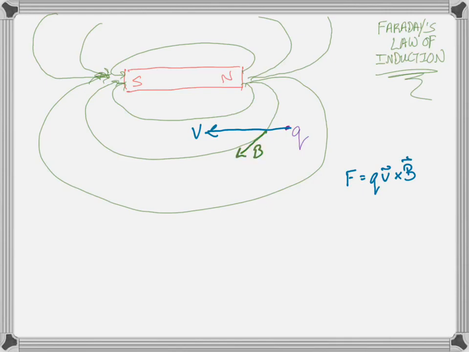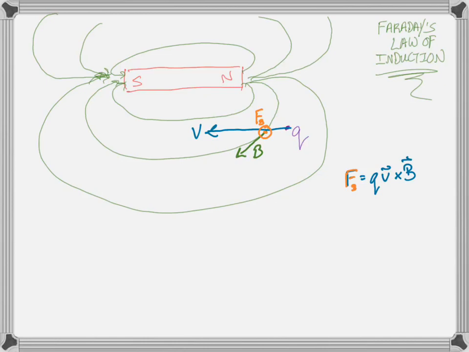And so V cross B, the charge will feel a force, QV cross B, and the direction of that will be out of the page. Put your fingers in the direction of V, rotate them towards B, your thumb points out of the page, and so the charge will feel a net force out of the page, a magnetic force out of the page. Okay, so the charge feels that force.